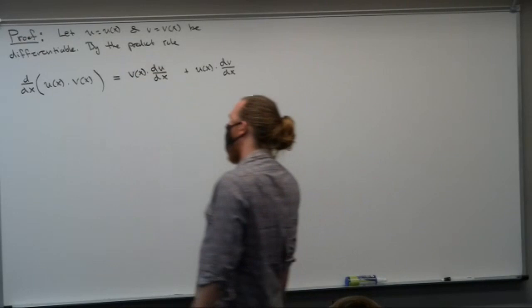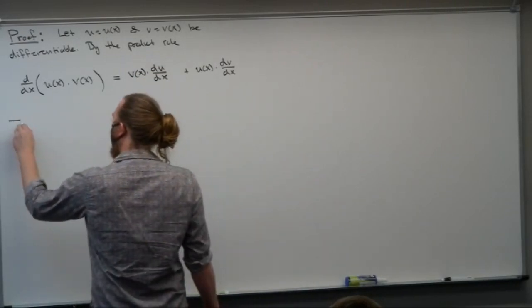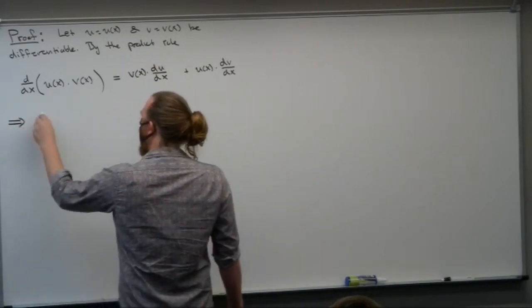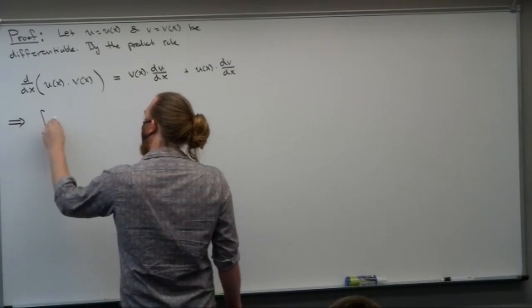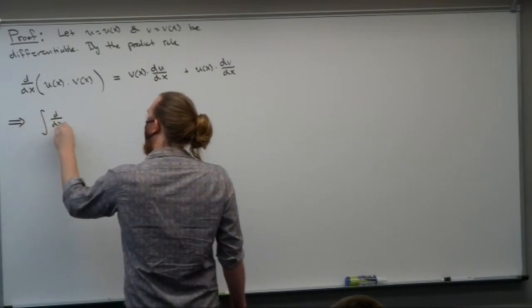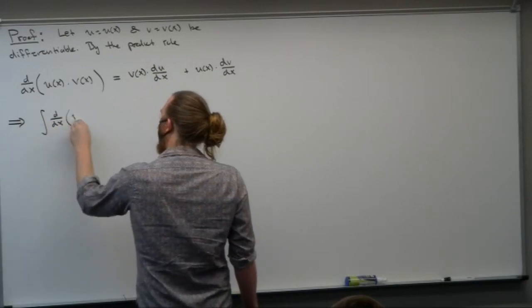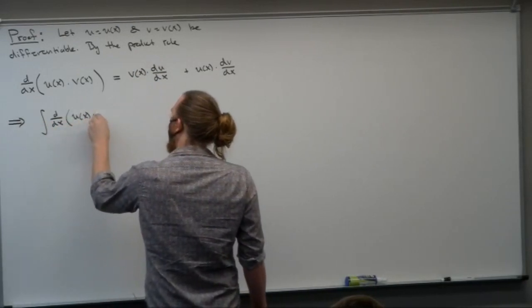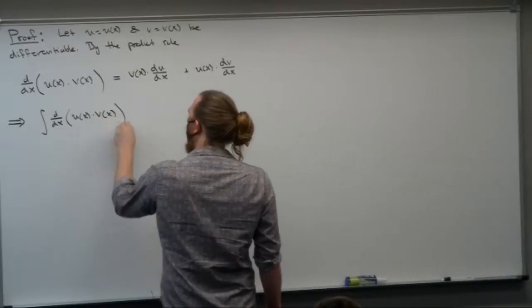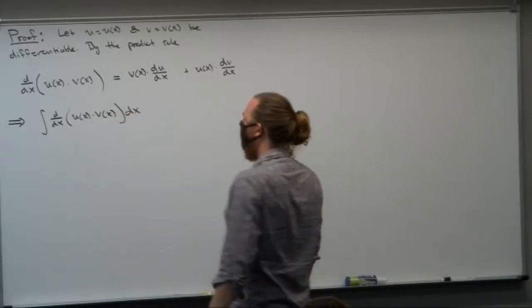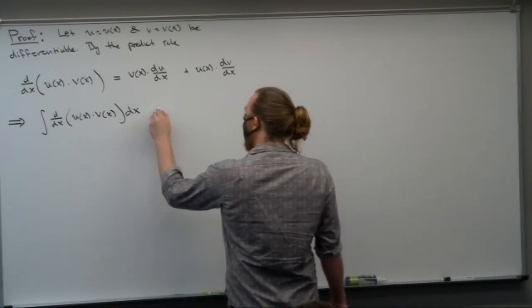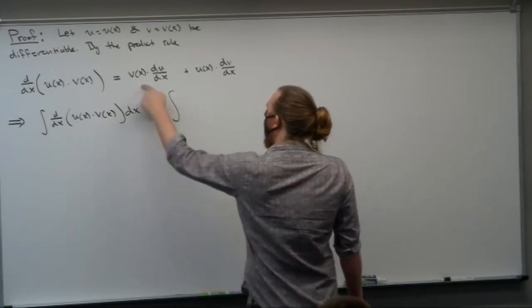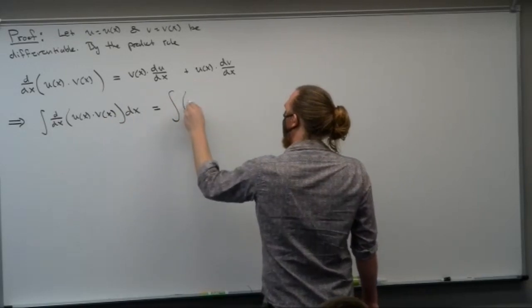So now if I integrate on both sides, the integral of the derivative of u of x times v of x, I'm integrating with respect to x, is equal to the integral of this sum.